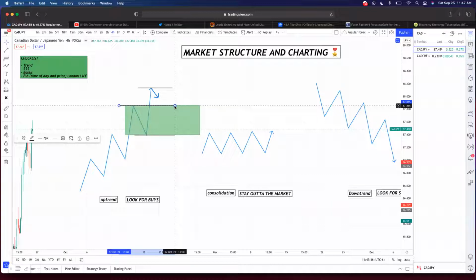Because you're going to hear them say stuff like break and close, or break, close, and retest. All those terms basically tell you structure.